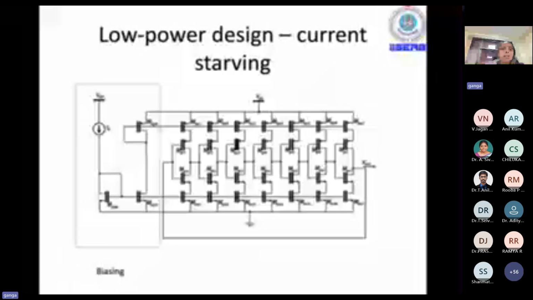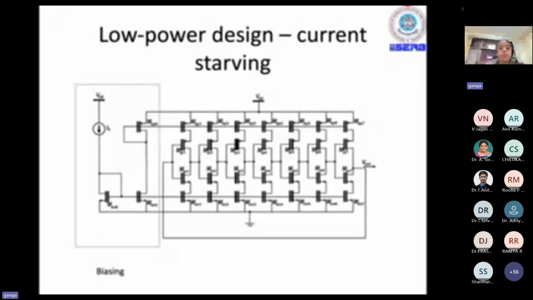Of course, here what is the trade-off we are going to have in analog design? As we know, when we are trying to optimize one parameter, it is going to trade off with another parameter. Here, when we trade off with power consumption, it is going to trade off on the frequency of operation. But for the application under consideration, especially for IoT applications, we would at least need tens of megahertz to gigahertz frequency generation.